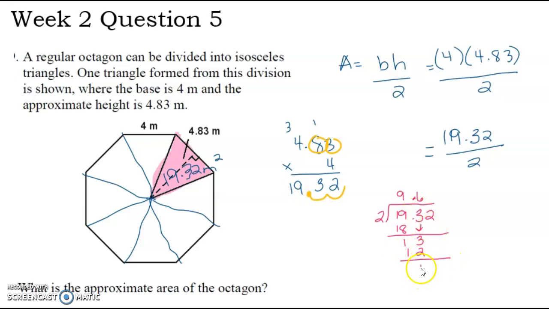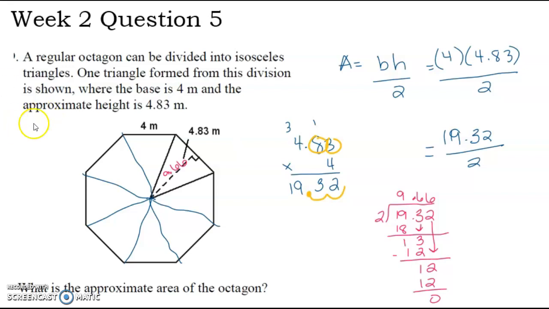Bring down the 2. 2 can go into 12 6 times with none left over. So now we have the area of this triangle, and it is 9.66. So again, read the question, do some math, and then reread the question to make sure that we're answering it.